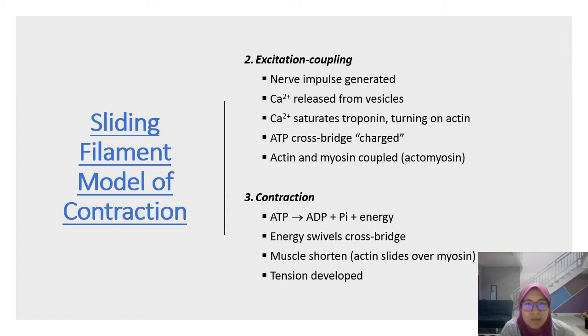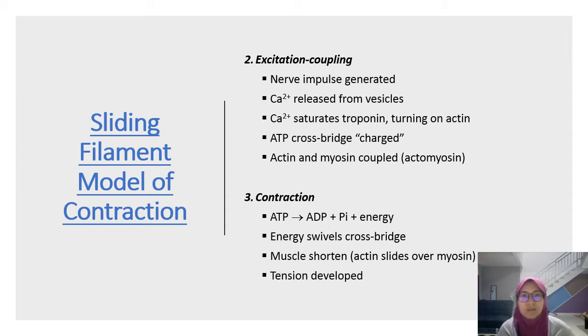Now the second phase is excitation coupling. The muscle must be excited to couple actin and myosin. So a nerve impulse is generated; we need an electrical impulse.